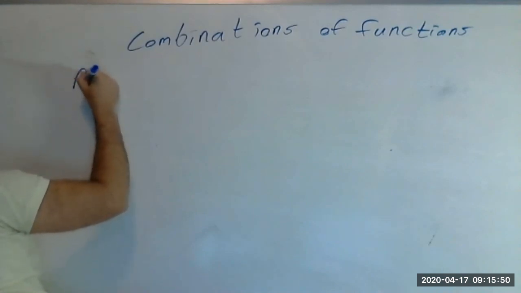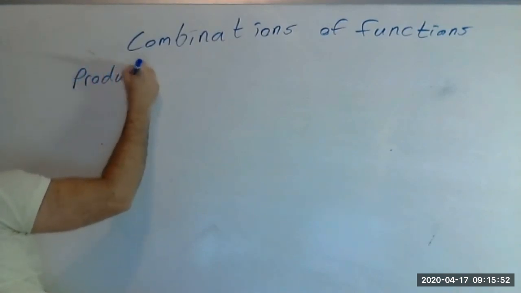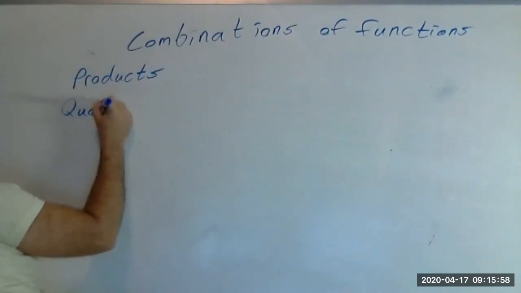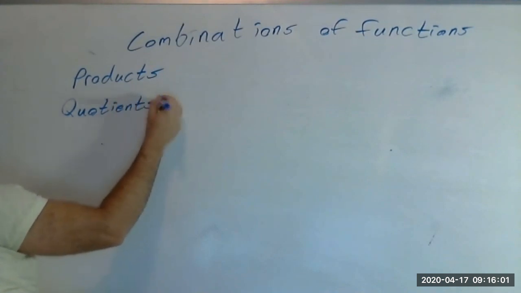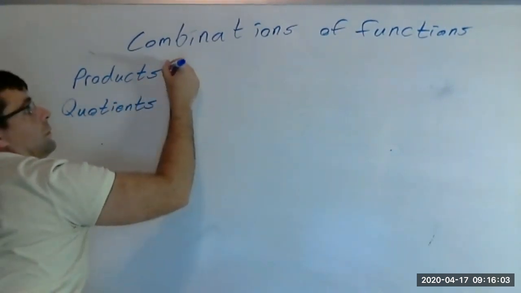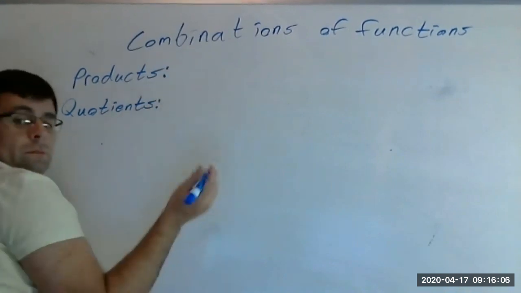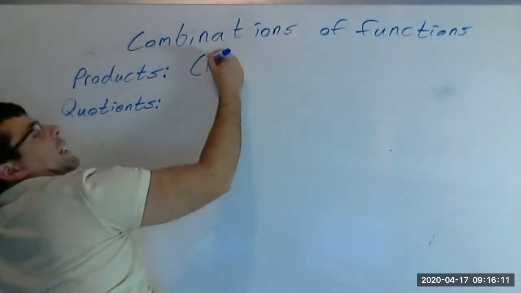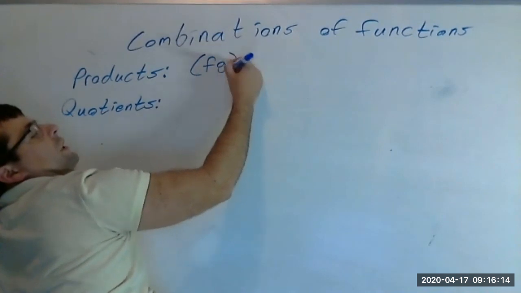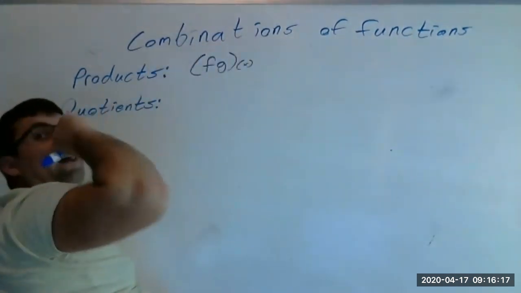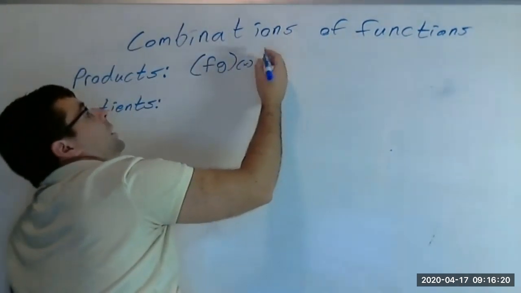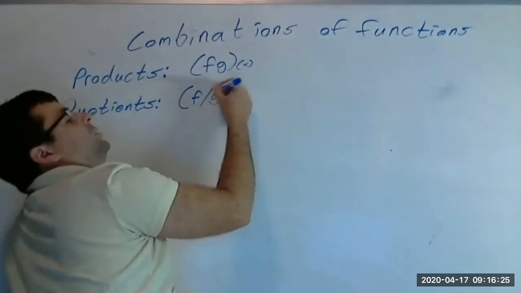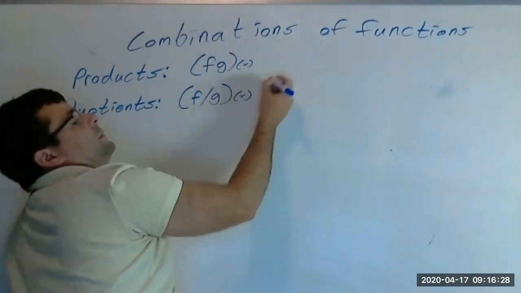So we call those products and quotients. So for the product, the shorthand is fg of x. And for the quotient, f divided by g of x.